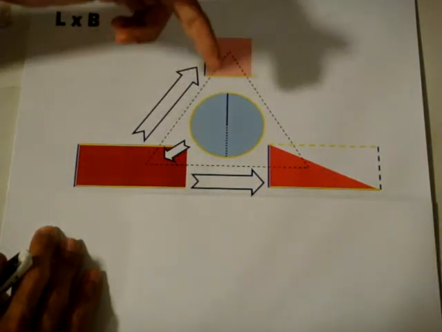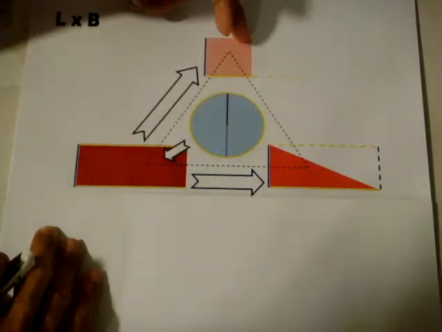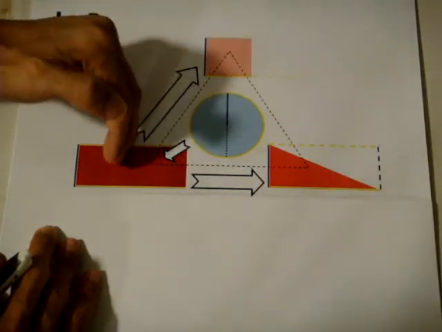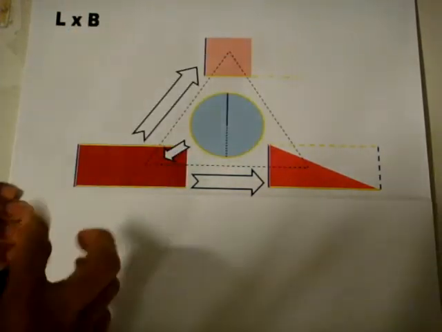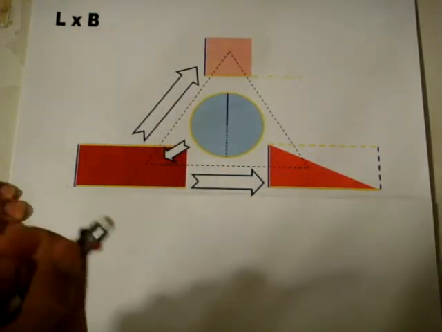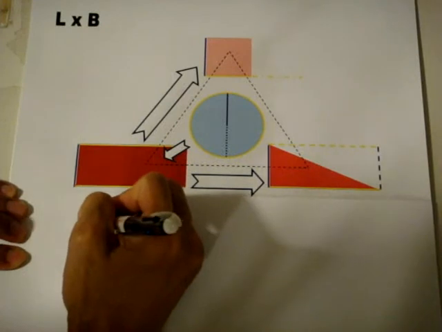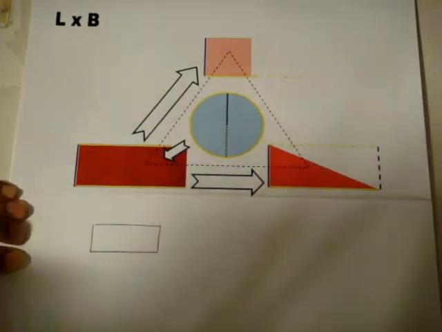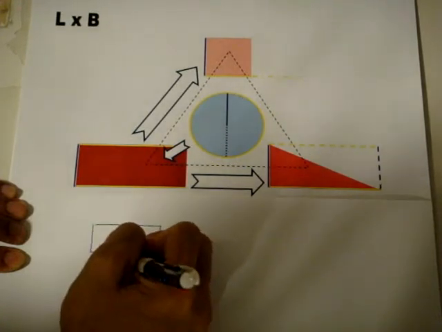So therefore, knowing this, you know this. When you know this, you also know this. Why? Let me show you. This is a rectangle. This is what we call the length.